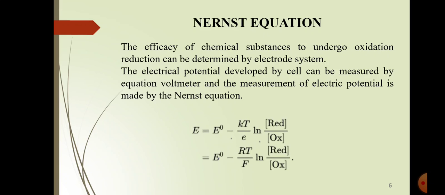N is the number of electrons involved, and concentration of red divided by concentration of ox is the ratio of concentration of reductant and oxidant respectively, where ln refers to the logarithm.